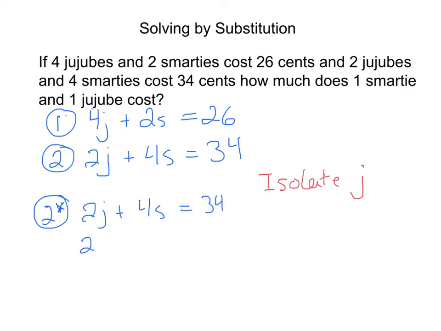So I have 2j, and I'm going to move 4s over and change its sign, and that's going to equal 34 minus 4s. I still have to isolate for 1j, so I'm just going to divide everything by 2.